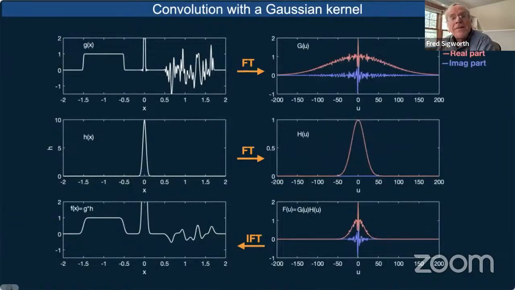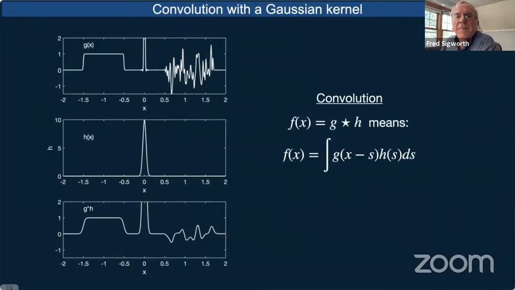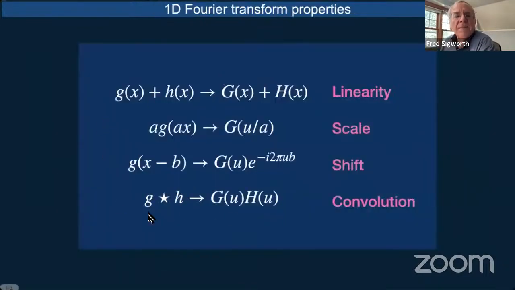Okay, so it turns out that Fourier transforms are really cool because of this property, that convolution of two functions is represented in the Fourier domain as just the product of the two Fourier transforms.